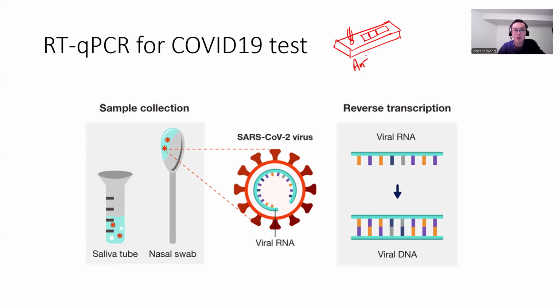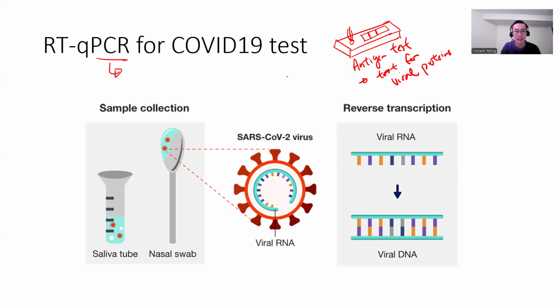This is an antigen test. An antigen test tests for viral proteins. Do you have the COVID proteins in you? It's easy to do, but sometimes it doesn't have the same sensitivity as a PCR test.